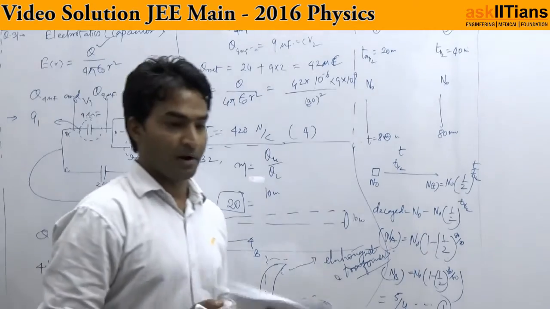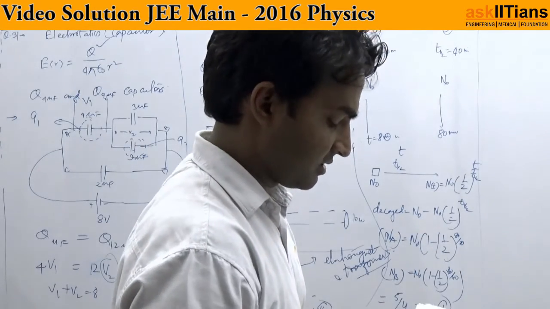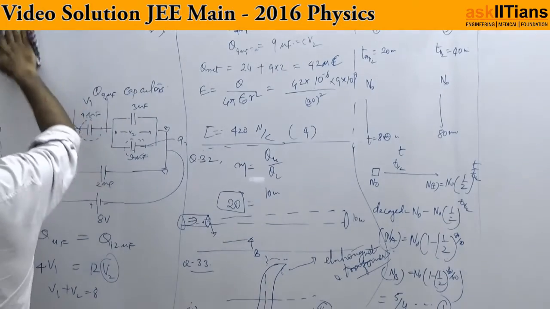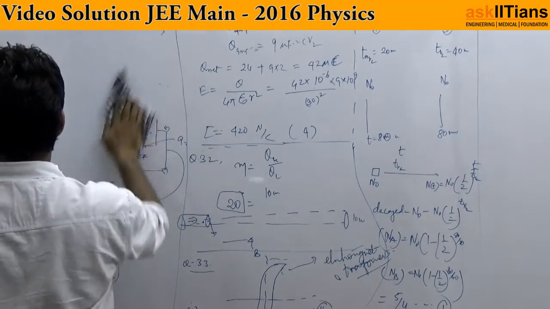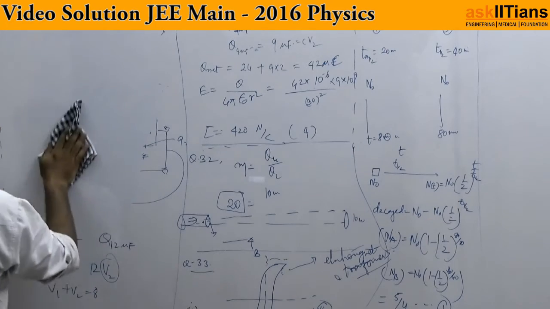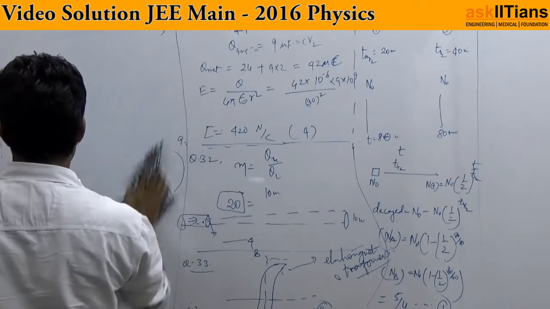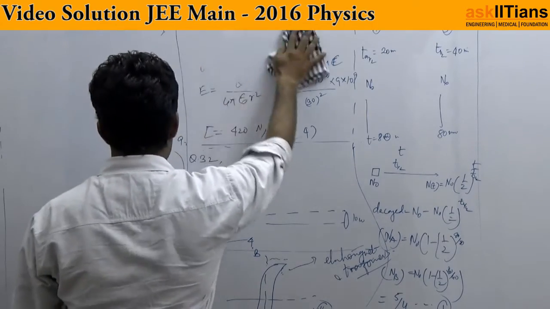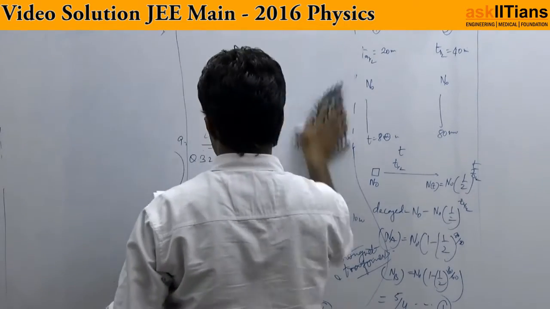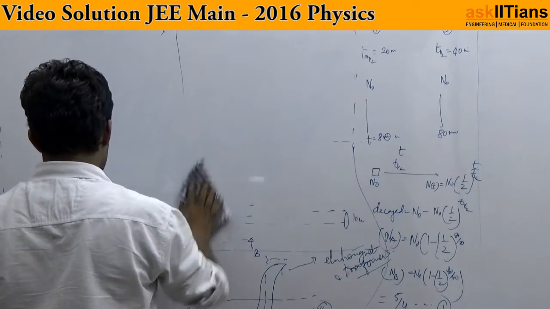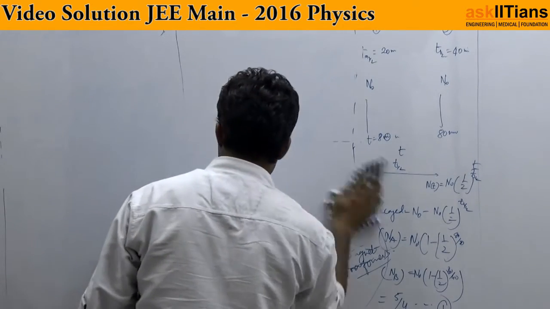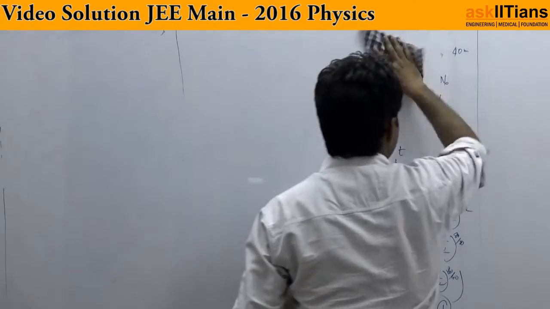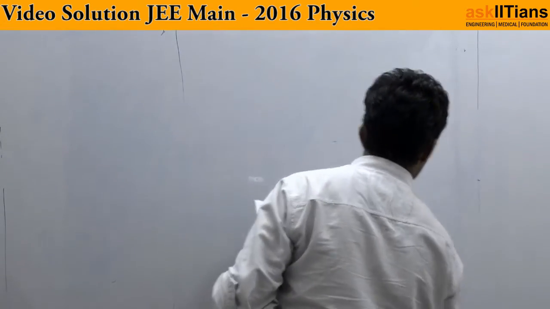Now, the next question: a particle of mass m is moving along the sides of a square of side A with a uniform speed b in the xy plane. We are given the graph, where the particle is tracking from A to B, B to C, C to D, D to A, and we have to find the angular momentum.